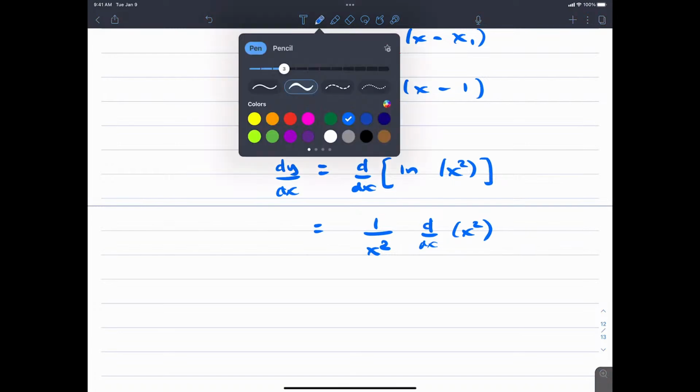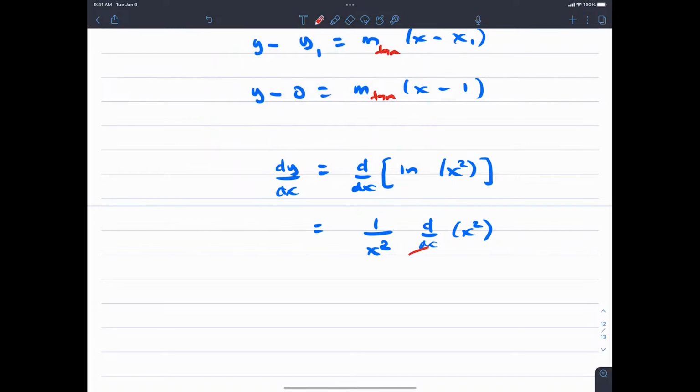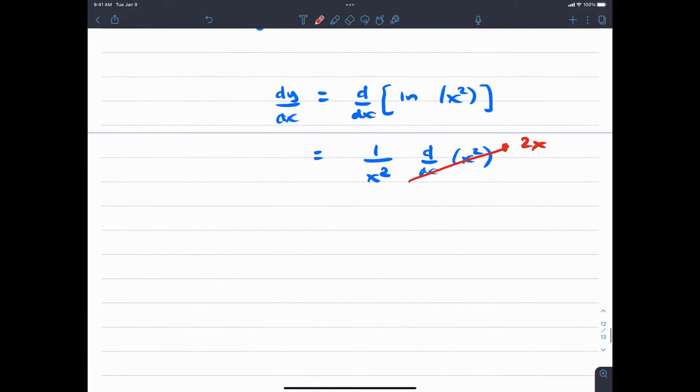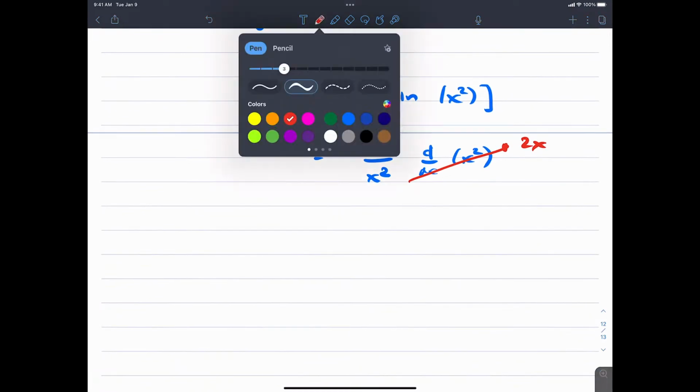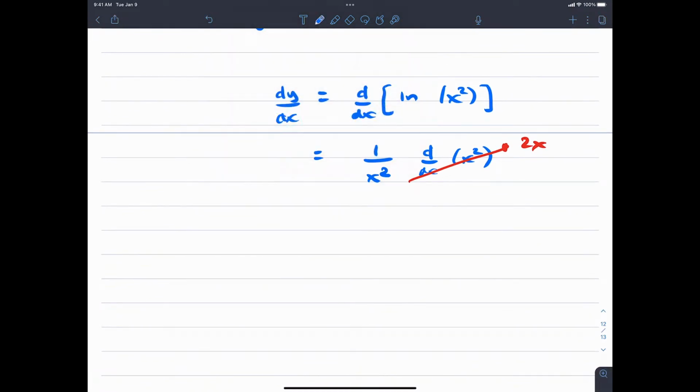Now, the derivative of x squared is what? You guys know by power rule, isn't that 2x? Okay, you guys see how we're using this here? This is chain rule. So that'll be 2x over x squared, which is just 2 over x.